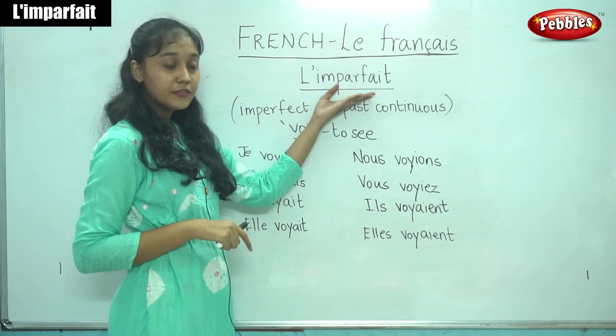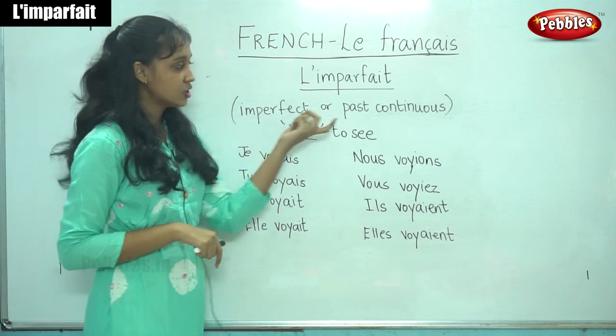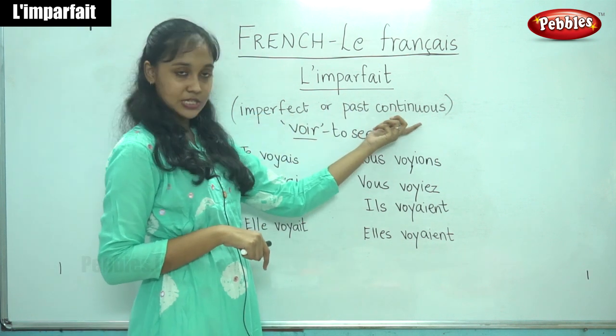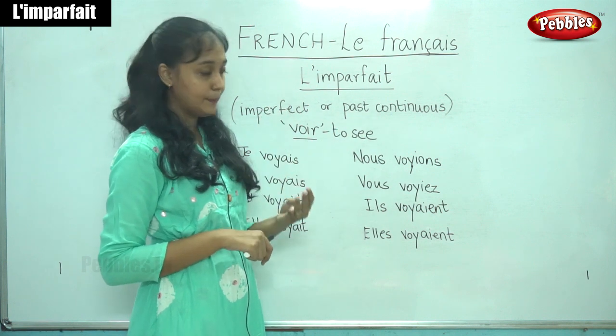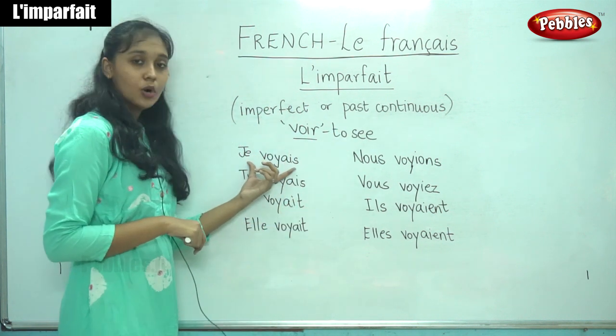What is imperfect? It is imperfect or past continuous. It was going on in the past. It was not completed. So how do we write this?